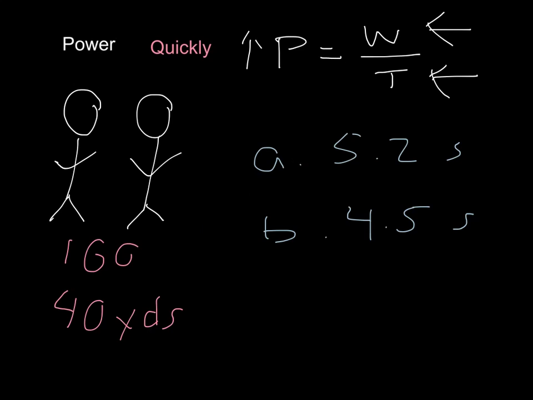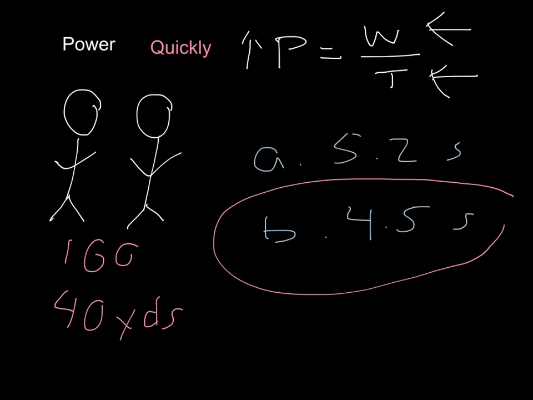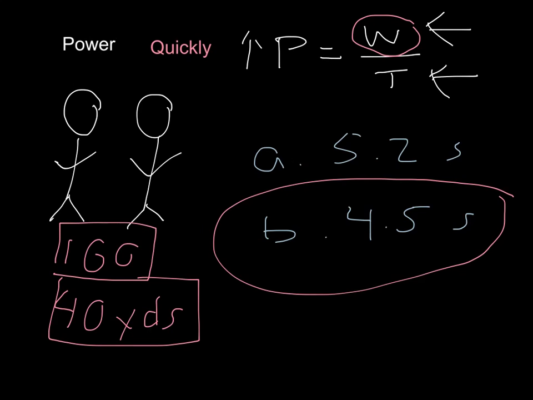Who would be more powerful? It would be person B, because they're both doing the exact same amount of work, right? They're moving the same load, 160 pounds, for the same distance, except, here's the big thing, the time. Person B can do it in a shorter period of time, which makes him more powerful.